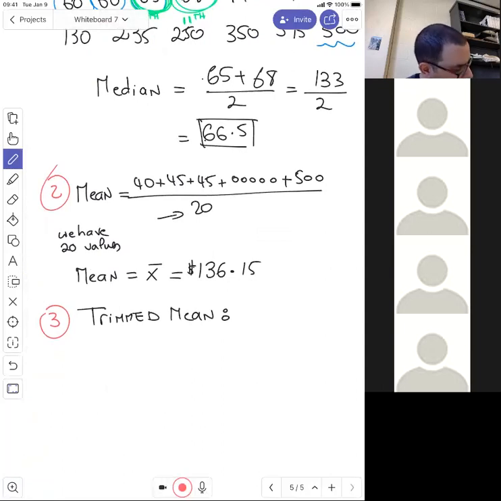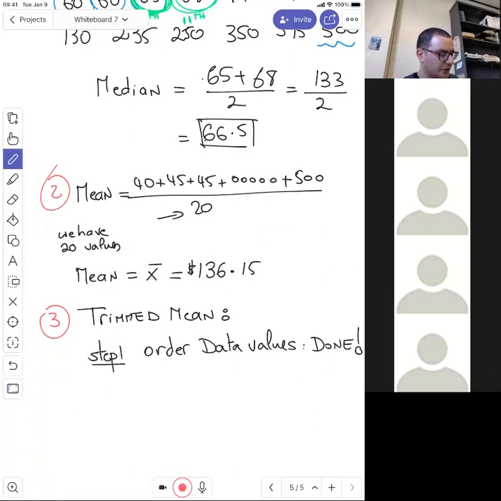Okay, so first, step 1, we need to order the data values. So this was done, right? I mean, we did it when we computed the median.